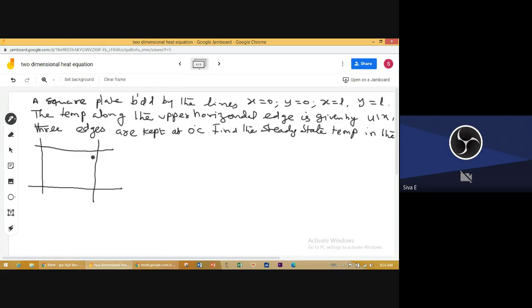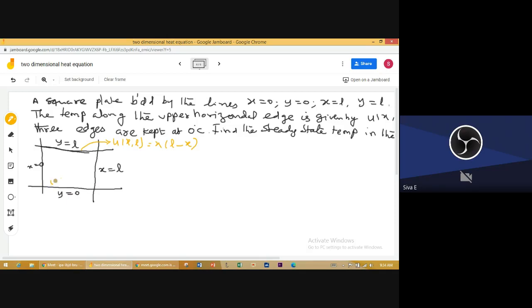So x equal to 0 here, y equal to 0 here, x equal to L, and y equal to L. And then u of x comma L, this end, u of x comma L equal to x into L minus x, while the other three edges are kept at 0 degrees C.